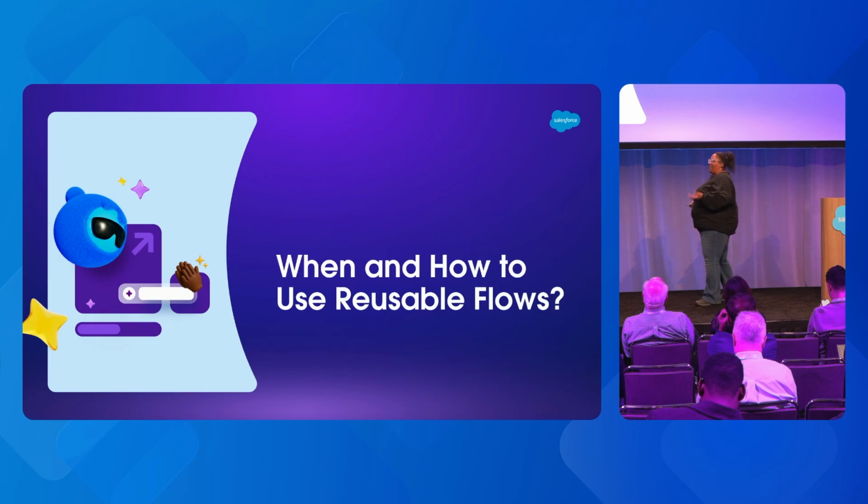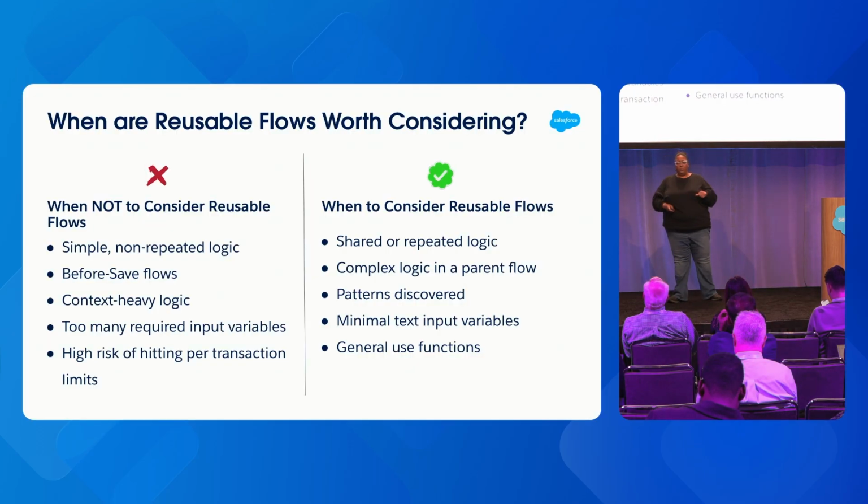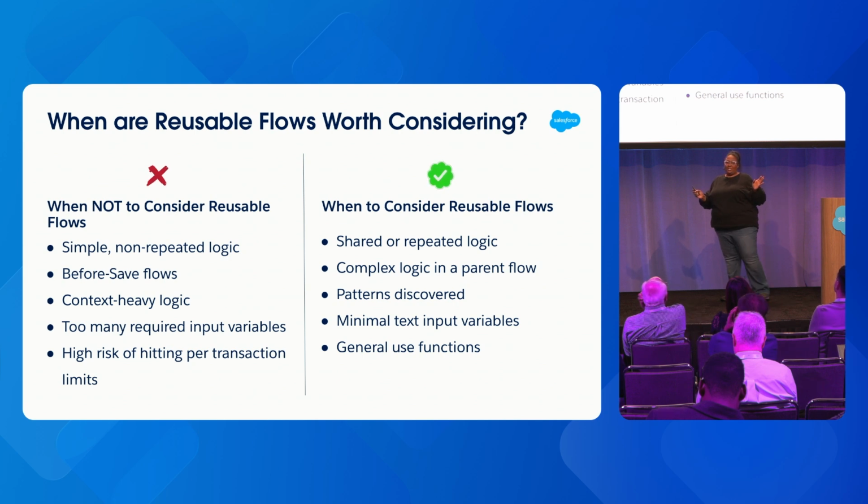Let's talk about when and how to use these reusable flows. When you are considering them, there's a few things you should know when not to use them. And that is, if your logic is simple, non-repeated, there's no need to even explore the concept of the subflow.